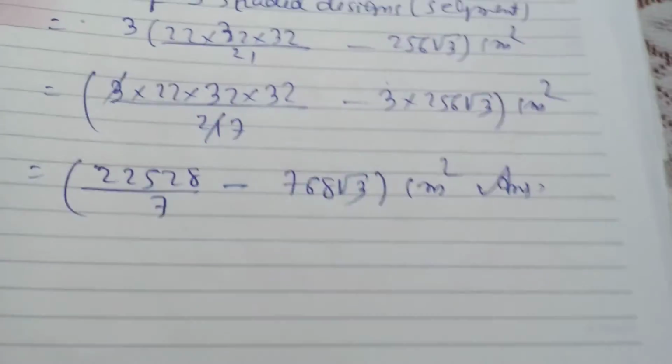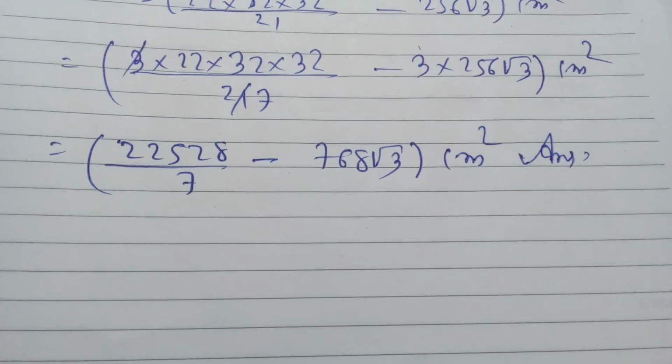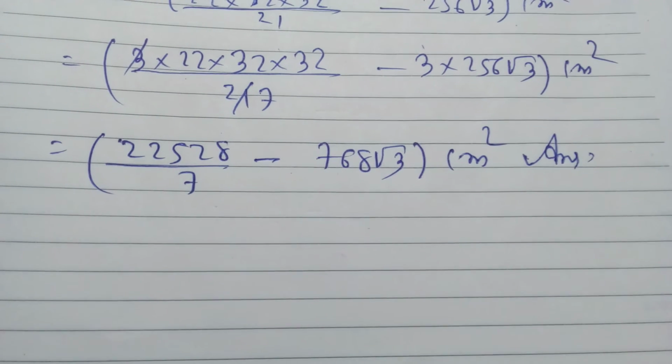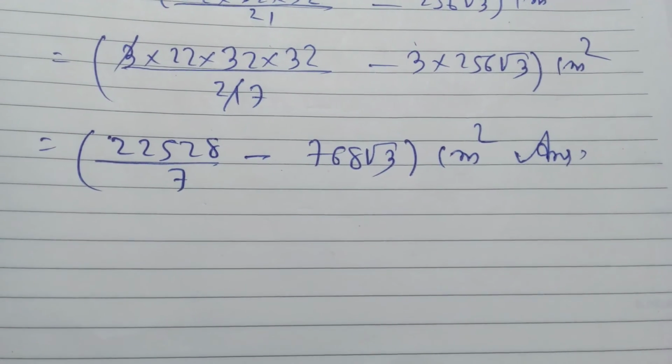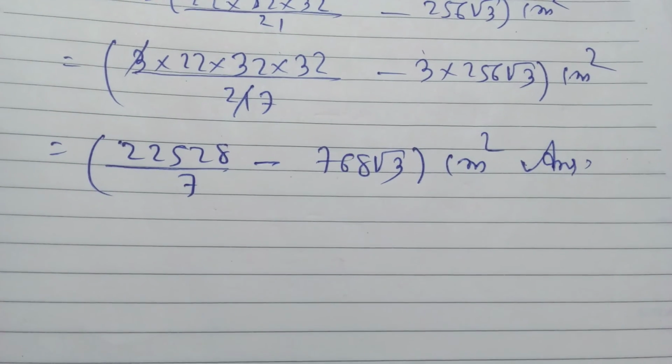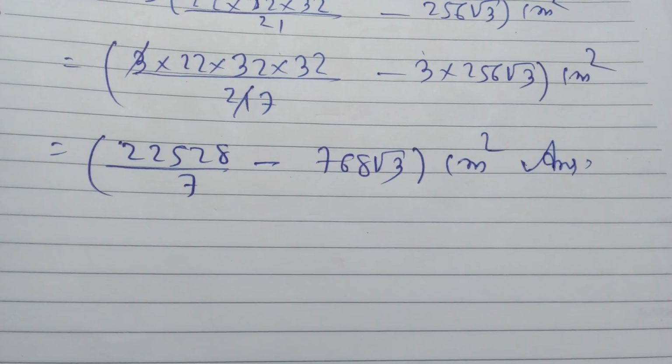Okay, so this is the answer, that is the area of the design. The design is in the shape of a segment. So the area of the three segments is 22528 by 7 minus 768 root 3 cm².